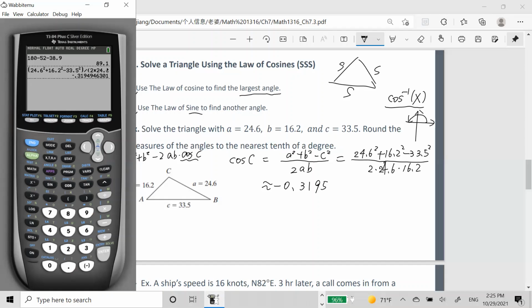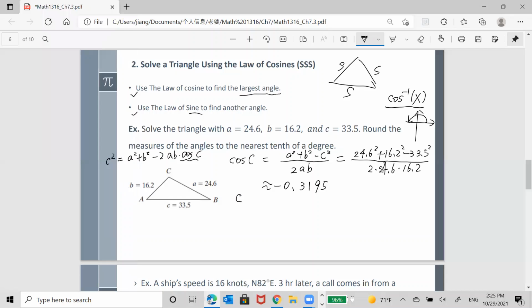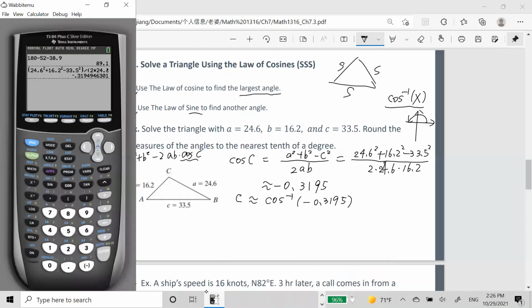Then find the angle C. That's the inverse of cosine of negative 0.3195. Using the calculator, second cosine, negative 0.3195, close the parentheses.